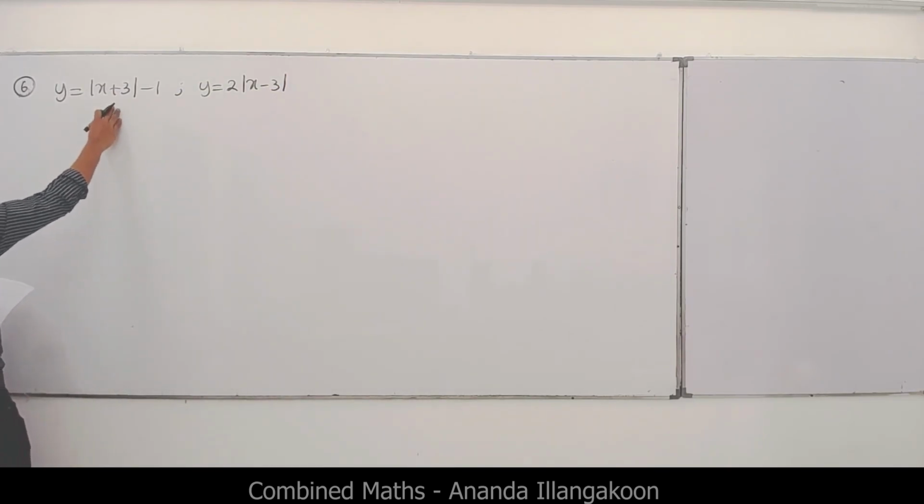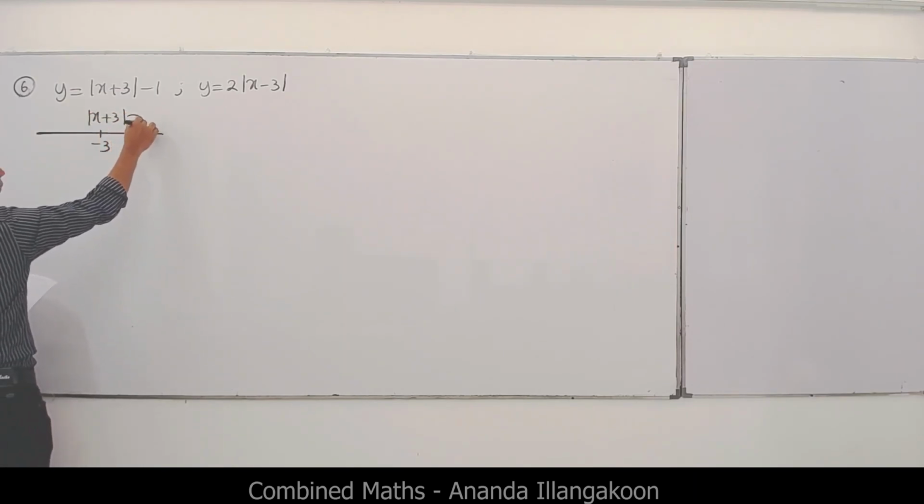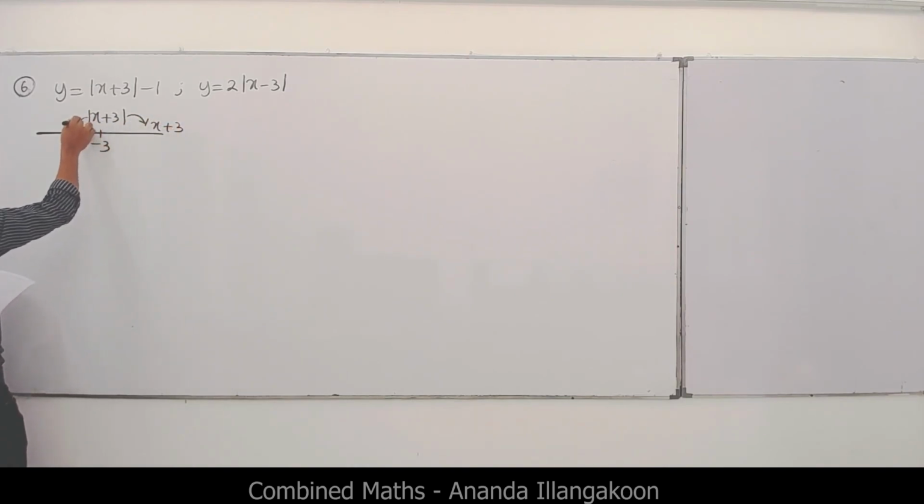Okay, we know when we define mod x plus 3, the mod value changes at minus 3, no? Then mod x plus 3 will be equal to x plus 3 on the right hand side of minus 3, and minus x minus 3 on the left of minus 3, right?